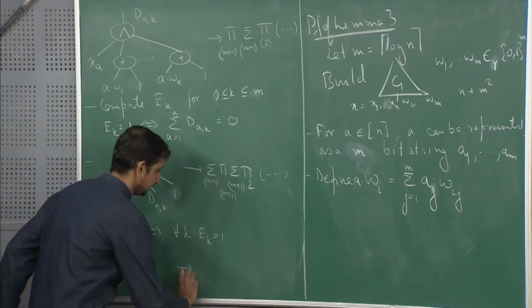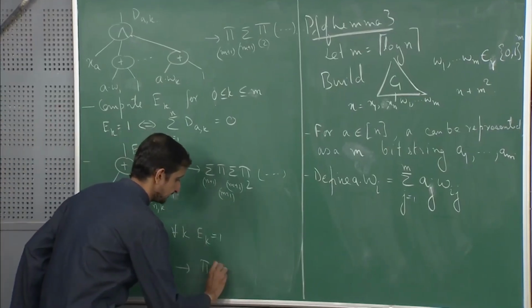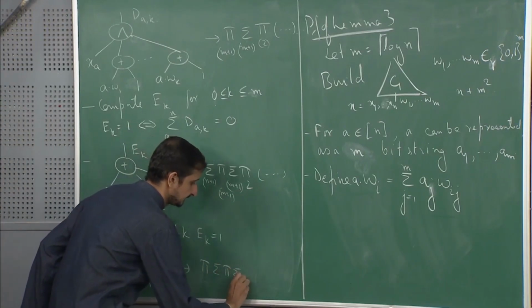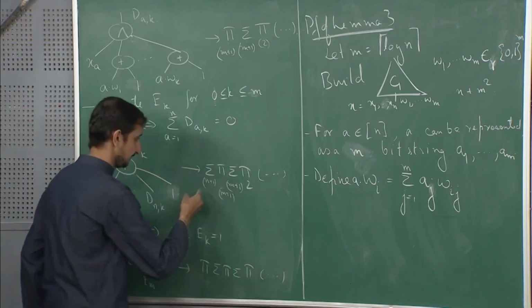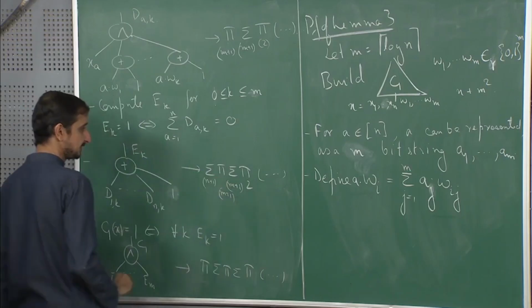So, this gives me pi sigma pi sigma pi, and so I'll just skip this plus 1.